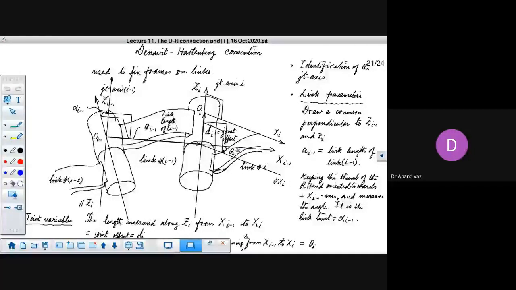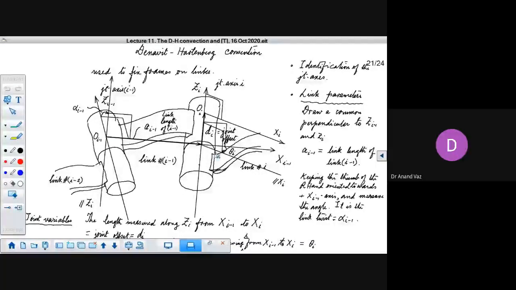Then, having identified the Z axis, we proceeded to identify the link lengths. The link lengths were determined by the shortest distance between the joint axes. Now, if we have skew axes, we know that we have only one common perpendicular.